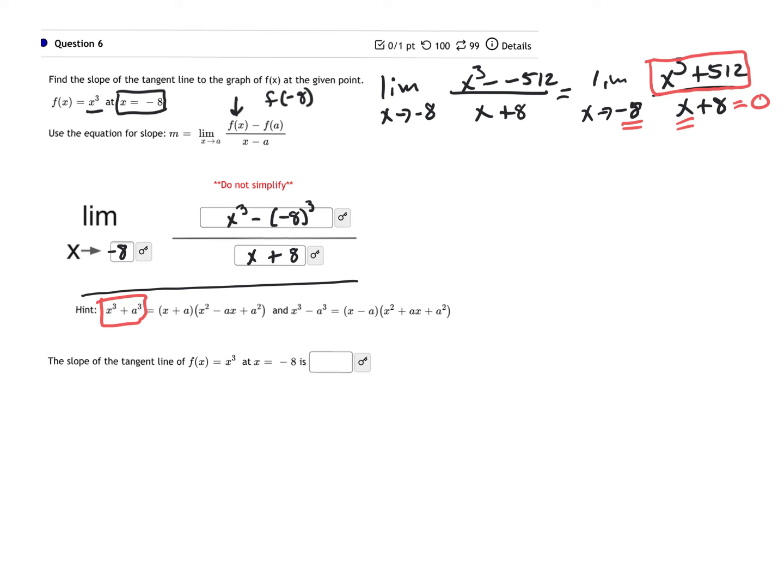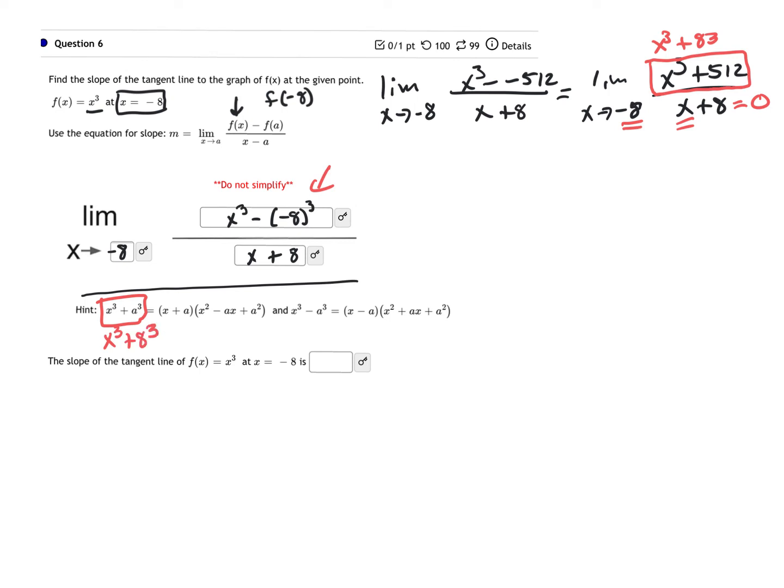So this is the same thing as saying x cubed plus 8 cubed, just like we have in the beginning over here. Let me back up one second: it's x cubed plus 8 cubed that I'm going to have there.